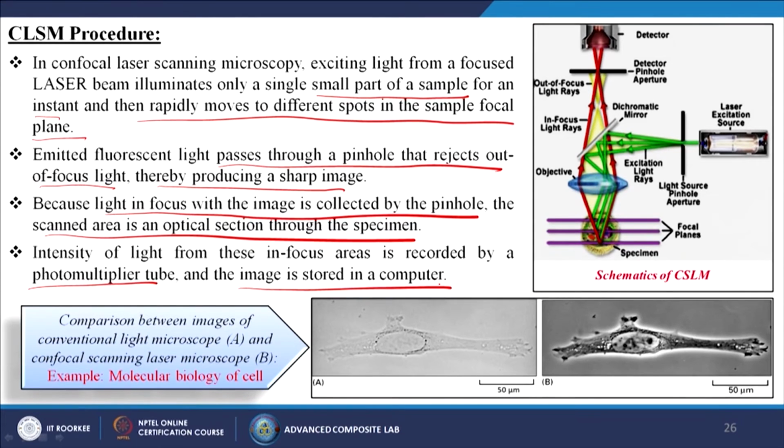Here you can see two images, both at the same scale. The first is an image from a conventional light microscope and the second is from the confocal scanning laser microscope. You can see how the contrast of the image is totally changing and how we are getting a clear picture from the CLSM.